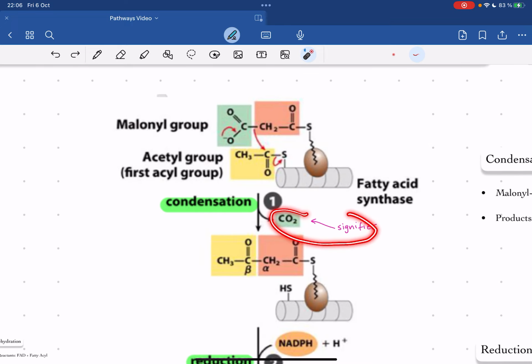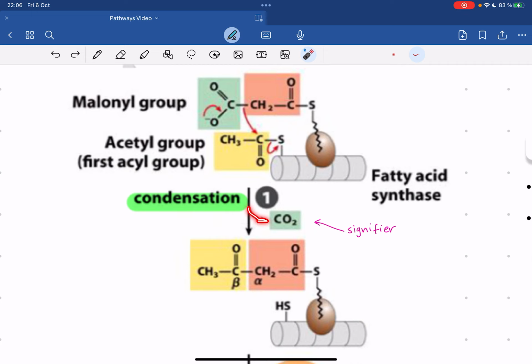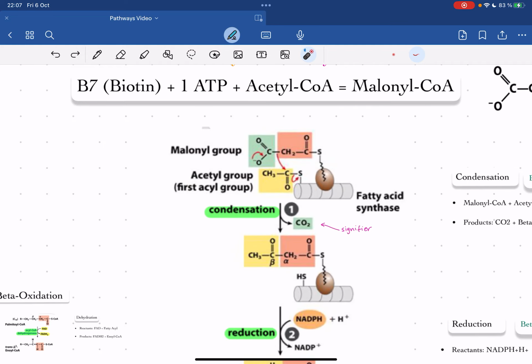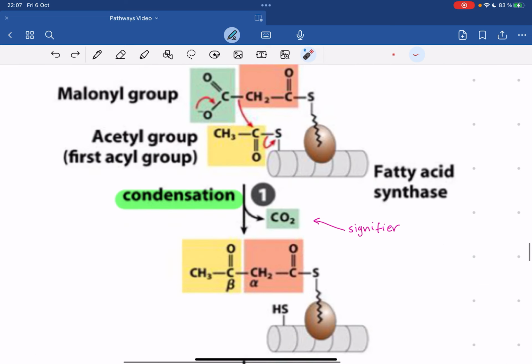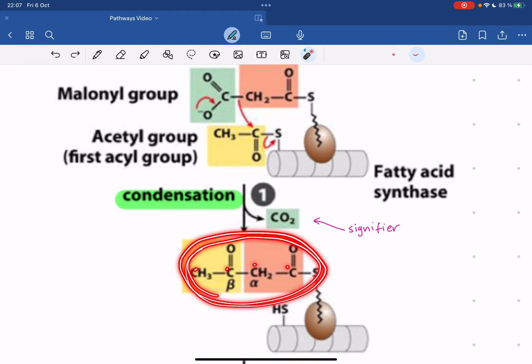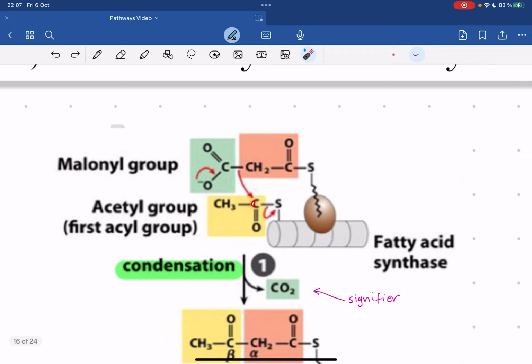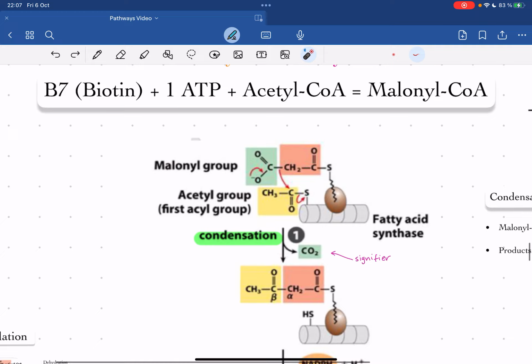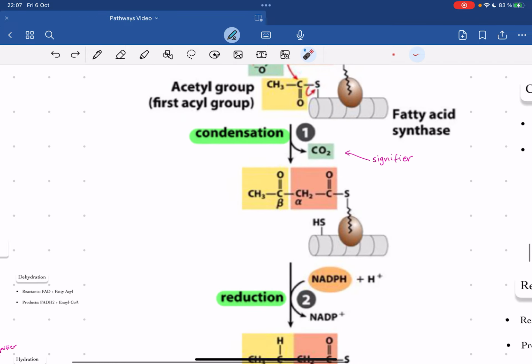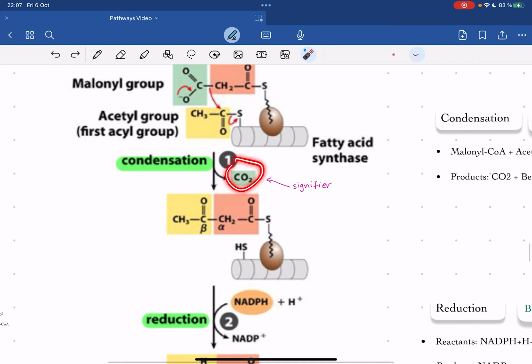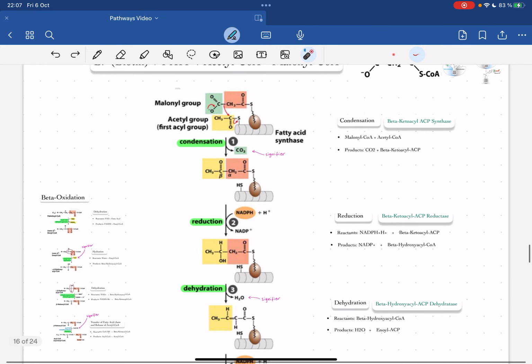And this is a signifier that when this goes out of this reaction, this first reaction, we immediately know that we're dealing with some sort of release of carbon atom, because here 1, 2, 3, 4 is the total amount of carbon atoms we have up here. Well, here 1, 2, 3, 4, 5 is the amount of carbon atoms we have there. So it's a big signifier for us to know exactly what kind of reaction we're looking at.